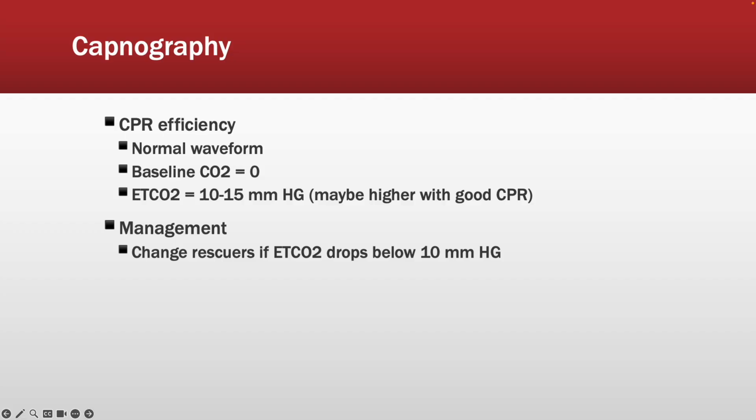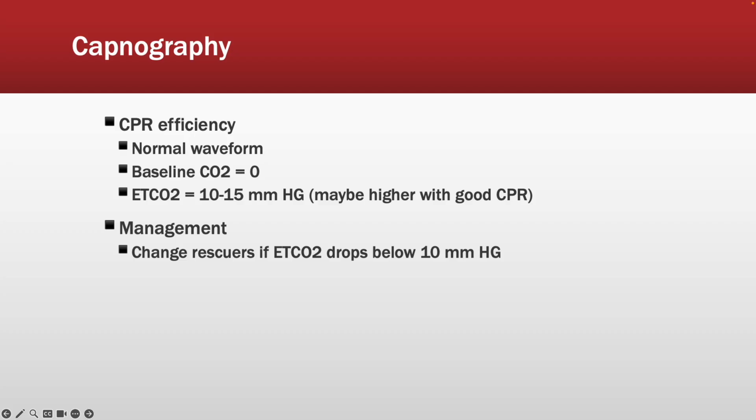Now, when we're using it for CPR efficiency, we should have a normal looking waveform, with your baseline being at 0. We will have a lower CO2, but it's because with our CPR compressions, we cannot get the gas exchange to happen as well as the heart does itself when it's beating regularly.